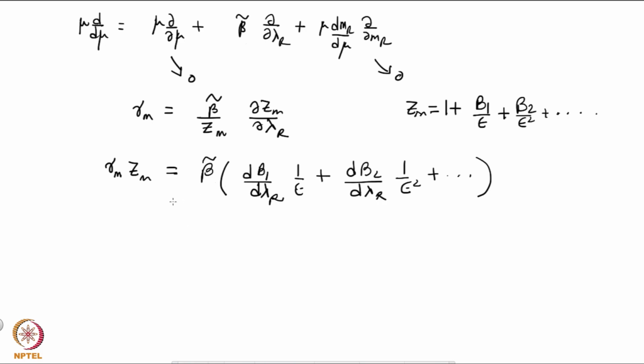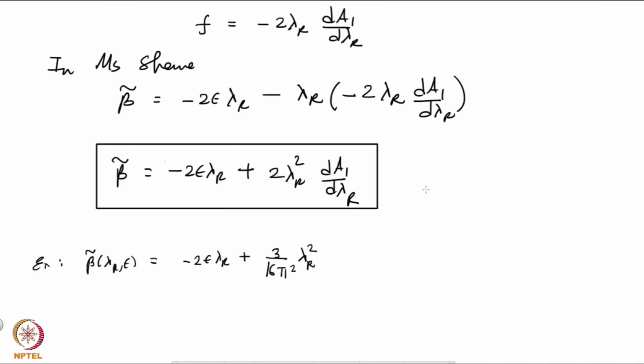Now we should put the expressions of beta tilde and Zm here. Exactly as before, you compare order by order, the powers of epsilon to the n on both sides. So here you write Zm like this, and here you put the expression of beta tilde, which I wrote a little while ago.